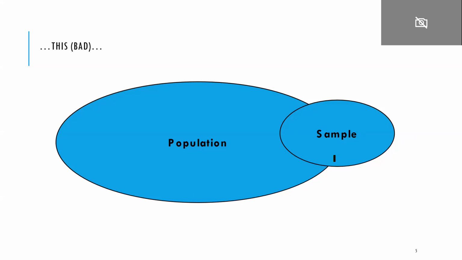Because only a small portion of the population is represented, while the rest of this part you cannot say is actually representing your population. So this is a very bad sample, and your sample should be the true representation of your population. If you are selecting a sample, it should be like this.